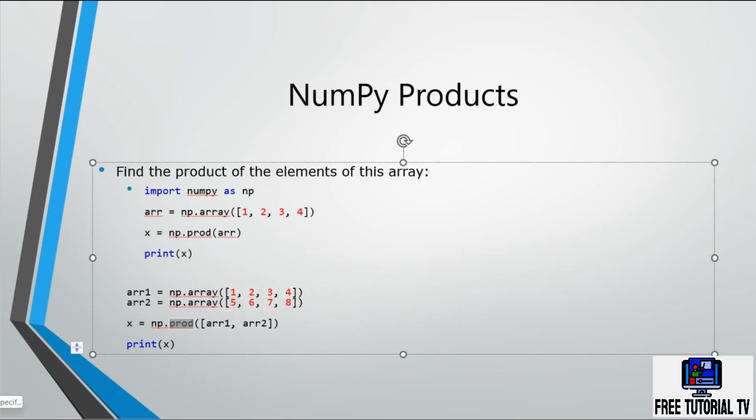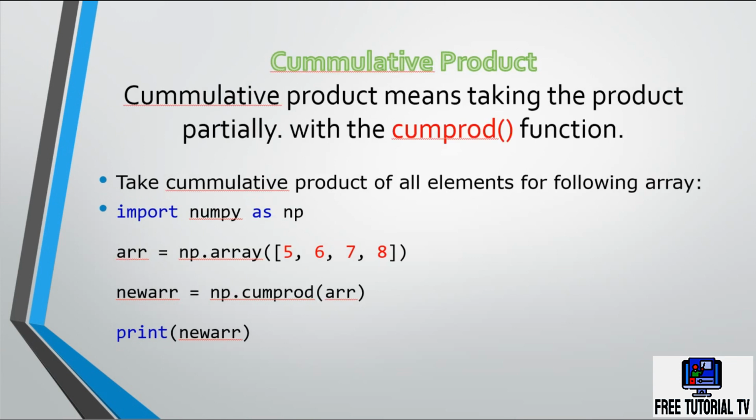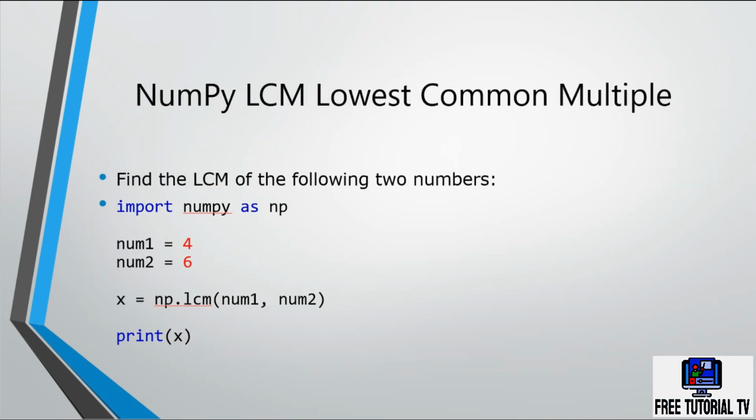So there are different ways of doing the multiplication of arrays. If you want to do the multiplication by giving an axis 1 or axis 2, you can do that. And the cumulative product can also be done by using cumprod.